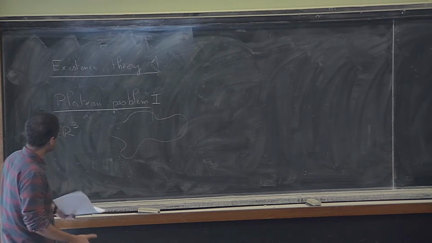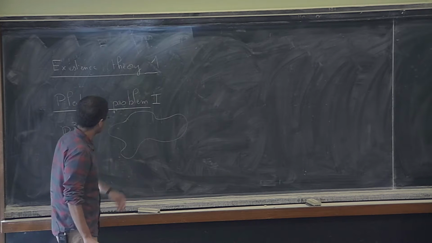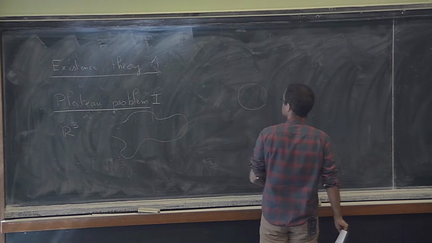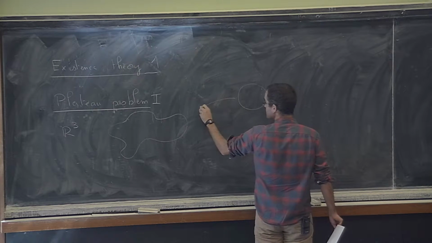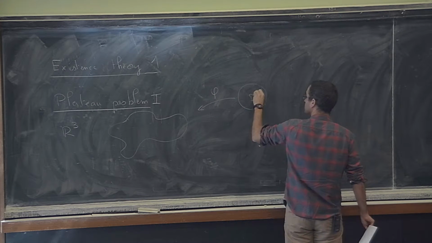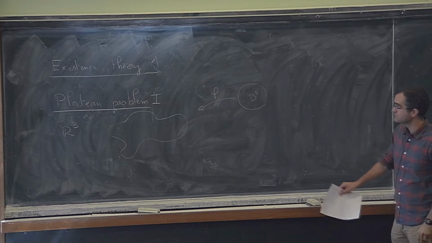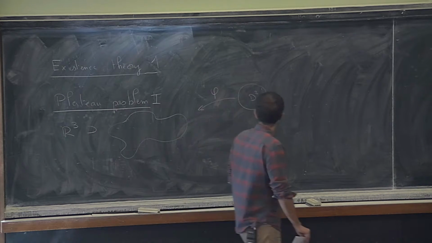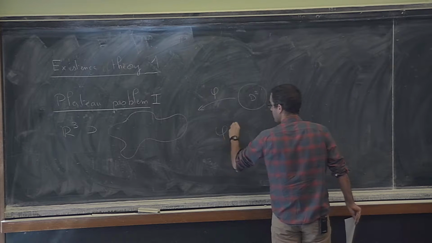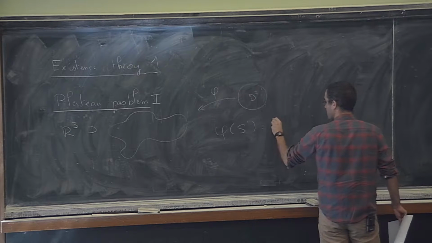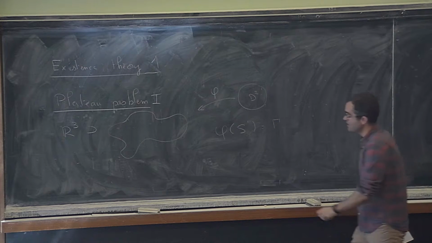So a basic class, if here it's a Jordan curve, is to take the unit disk and look at all the maps phi from the unit disk to R3, such that phi of S1 is precisely a parametrization of gamma, where gamma is this curve.